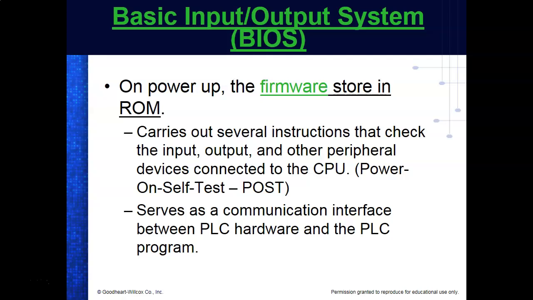This is holding temporary information, information that's being processed: the status of your input ports, the status of your output ports. All that is going to be in the RAM inside the PLC. Your program is going to upload into RAM, and then it'll put that into the flash ROMs, or the double EEPROMs, inside your PLC. That way you won't lose your program if you lose the battery in your PLC, or if you lose power to your PLC.